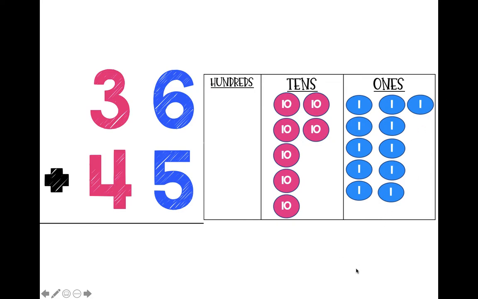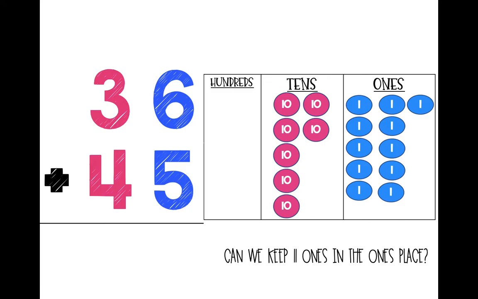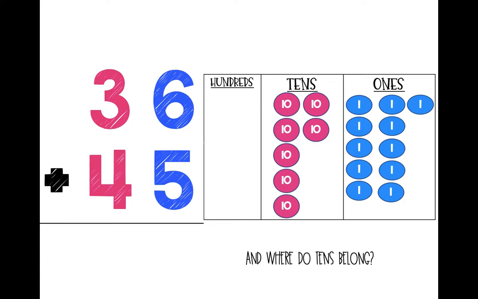That's 11 ones. Can we keep 11 ones in our ones place? No, it's too full. We need to make a 10. We can bundle a 10 because we know that 11 ones is the same as 1 ten and 1 one.